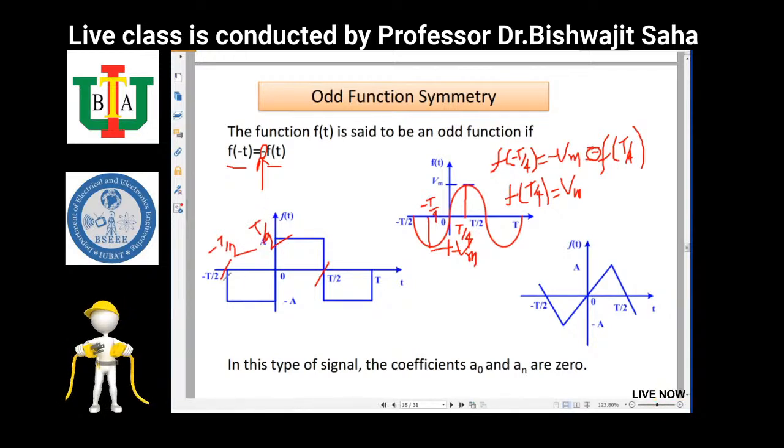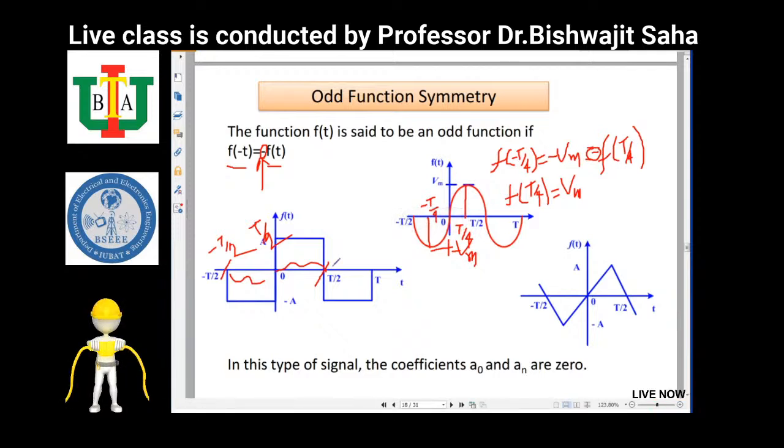So you have to break it into minus T by 2 to 0 and 0 to T by 2. Even if it starts from the negative half cycle, it doesn't matter. It is continuous up to one cycle. You have to always calculate for one complete cycle.